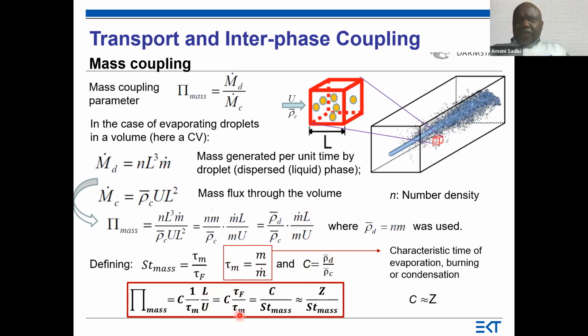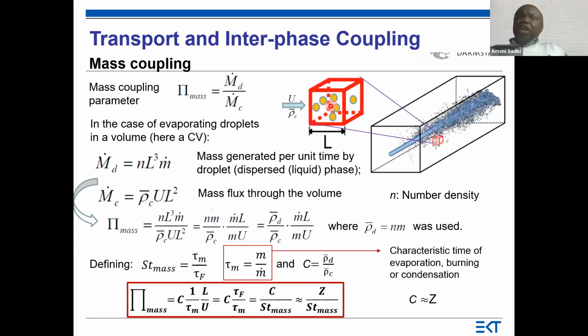We replace everything here, and we can now introduce the Stokes number based on the mass, and we have this ratio, and we obtain that this concentration is equivalent to the mass loading.